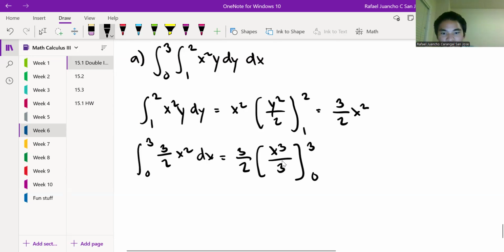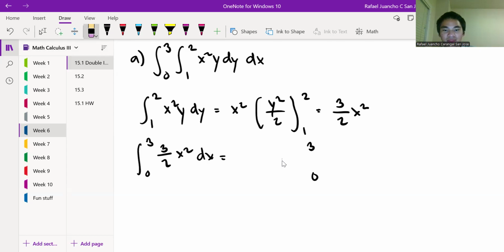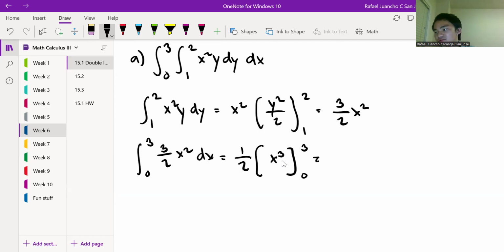To make my life easier, I could do 1/2 x cubed. Done. This is 3 to the power of 3, that's 27 halves. And that's my answer. It's just a shortcut. So we integrated starting from the inner integral, and then we work our way outwards. So inside out.